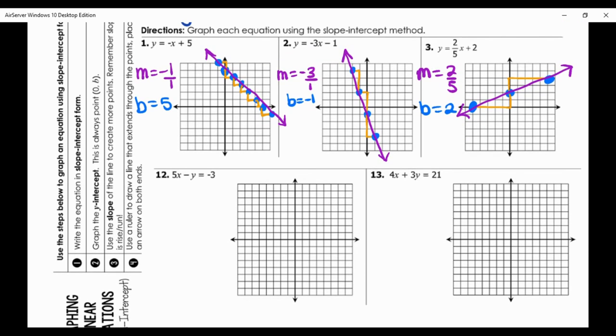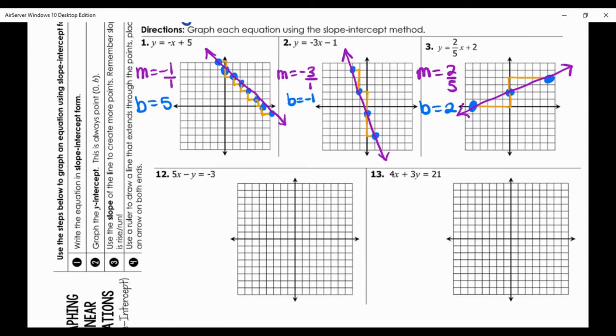These last two problems are not currently in slope-intercept form, so we first need to solve the equations for y. We're always going to add or subtract the x term first. So for 12, it's positive 5x, so I'm going to subtract 5x from both sides. I want to write the x term first.